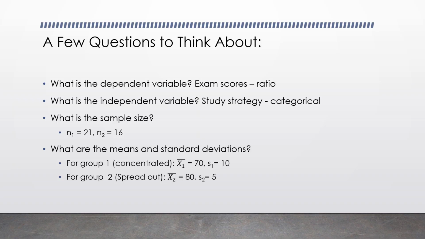For example, suppose we repeat the study with new samples. This time, the concentrated group has N1 equals 21, a mean of 70, and a standard deviation of 10. The spread out group has a sample size of 16, mean of 80, and standard deviation of 5.